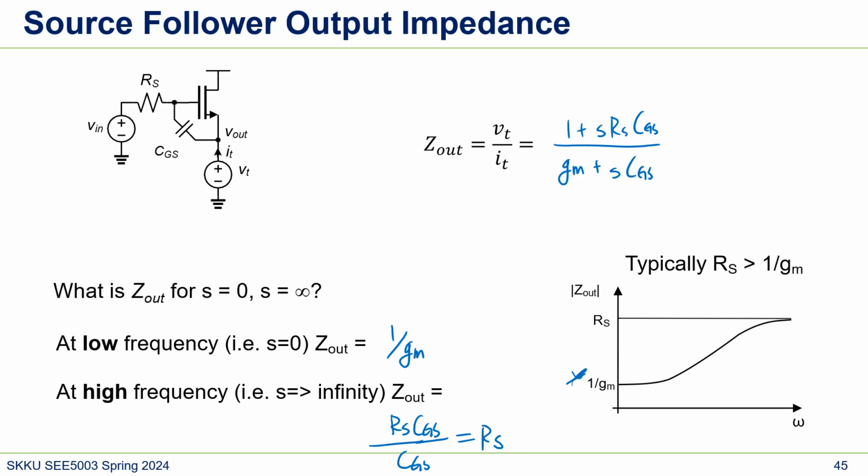So if we set the two values like here, if RS is larger than 1 over GM, we see this kind of result, which means the impedance is increasing as frequency becomes higher. And this characteristic is special.